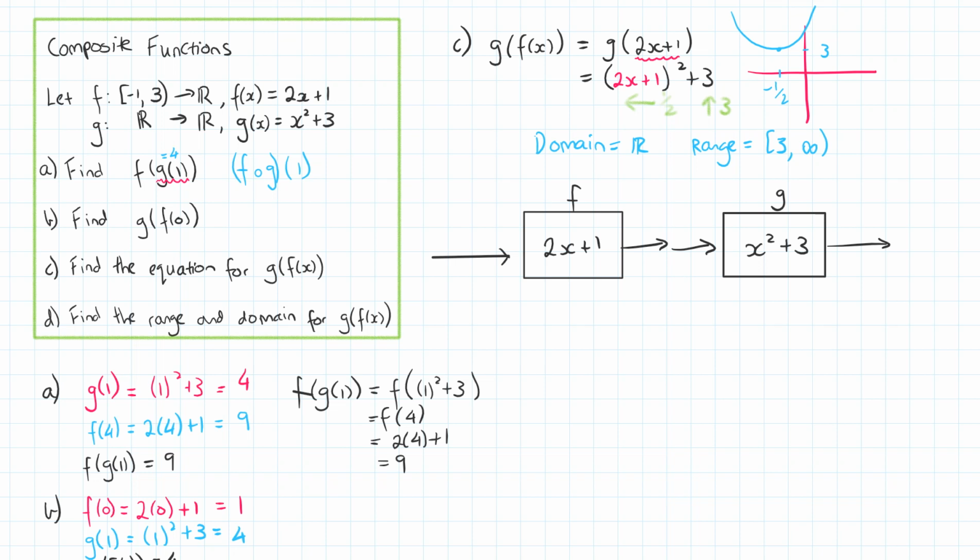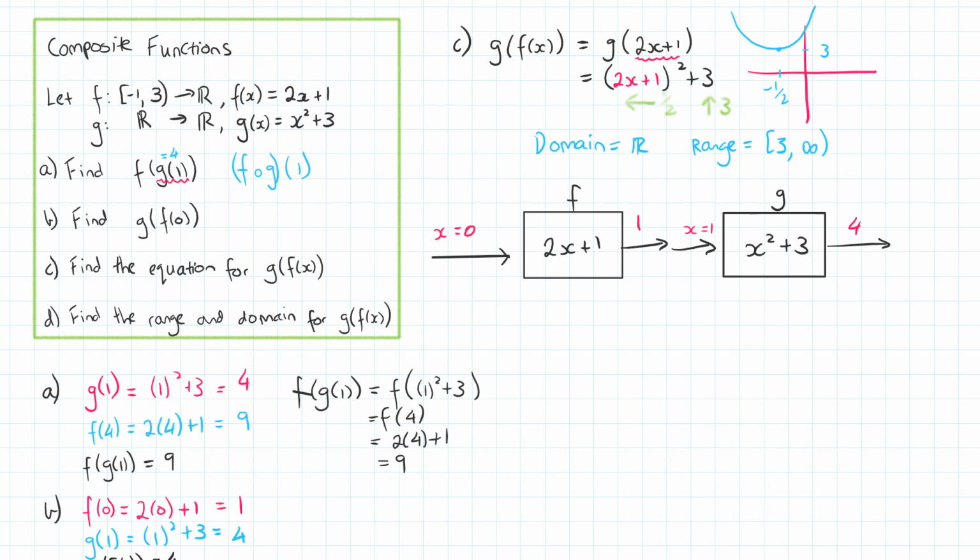So we have x equals 0 going into f. We sub that in, we get 2 lots of 0 plus 1 is 1. So we have 1 coming out. Then 1 is fed into g for the value of x. And we get 1 squared plus 3 is 4. So when we put 0 in at the start, 4 is what we got out at the end.